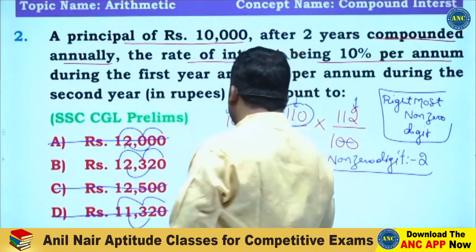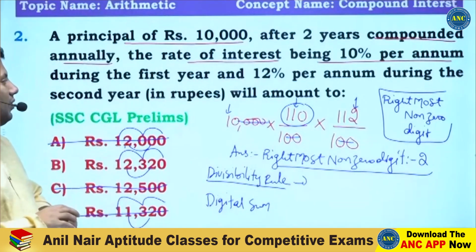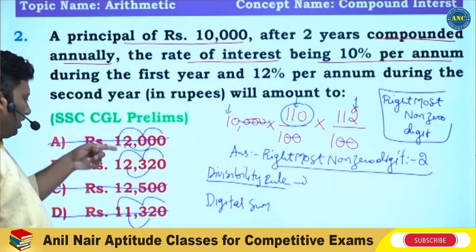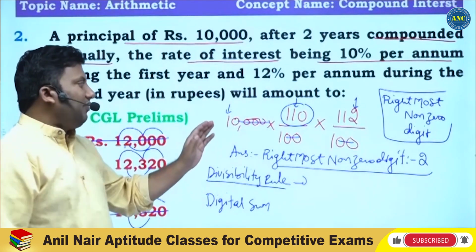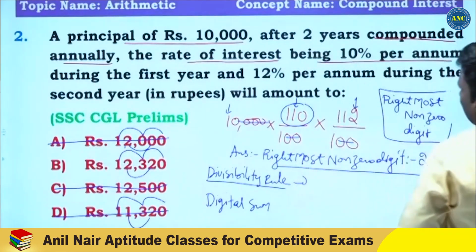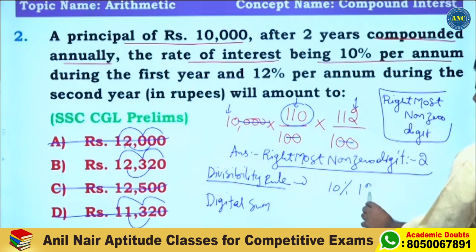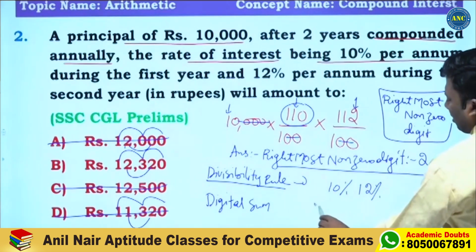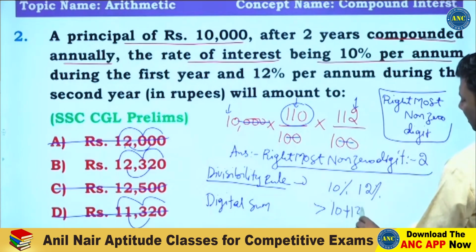Second one, please do not solve it like this. All the options are closer to 12,000. If I take successive percentages, the first year it is 10 percent, the second year it is 12 percent. So the answer is greater than 22 percent. Why?